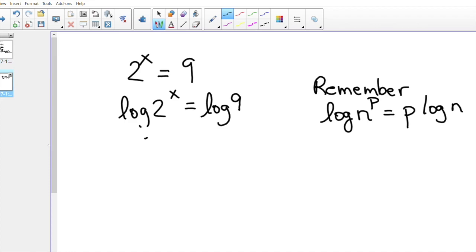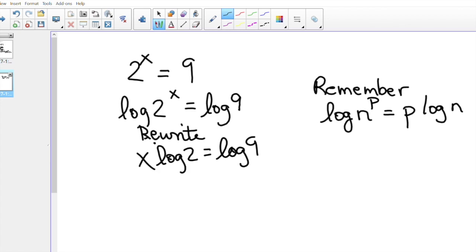So, in this case, we're taking the log of 2 to the power x, and we have to rewrite it as x times the log of 2 equals log 9.